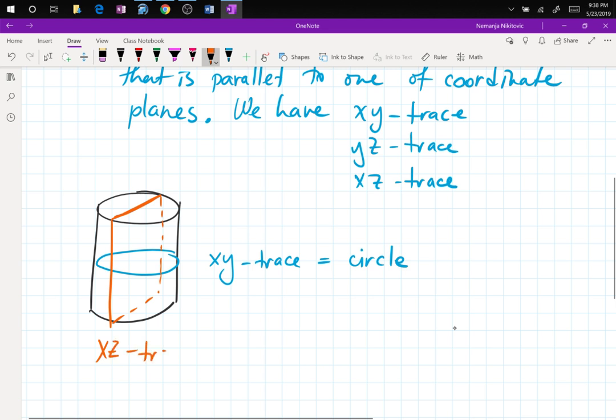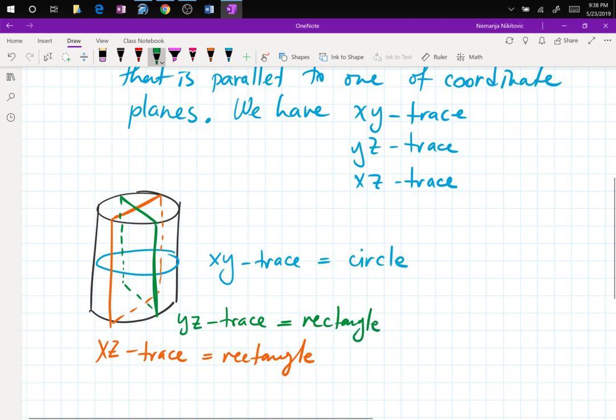The XZ trace, in this case, is a rectangle. And then let's use green. The green will be our YZ trace, which is also a rectangle in this case.